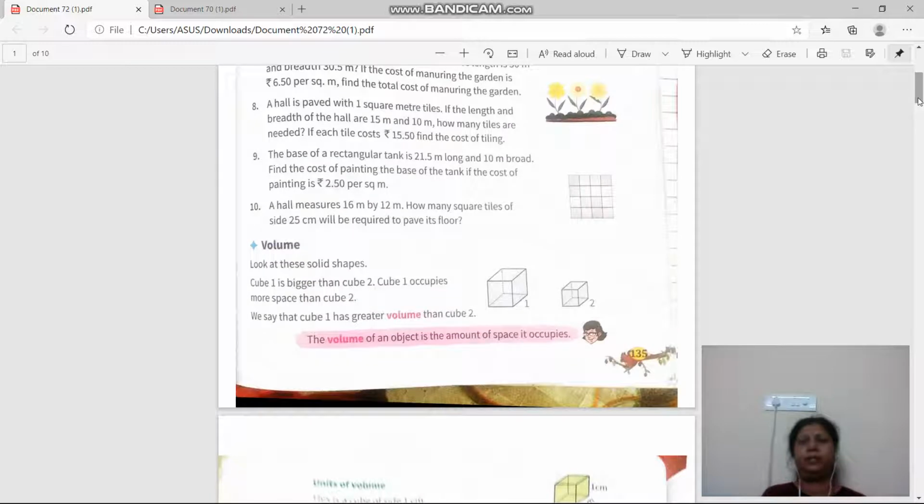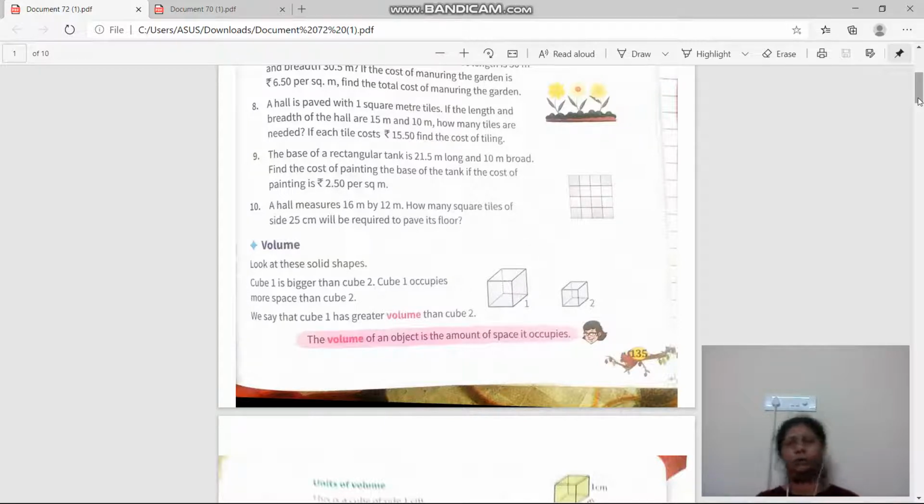We have completed the area topic. In these story sums, 3 or 4 types of questions are repeated, so I have taken each type of story sum.